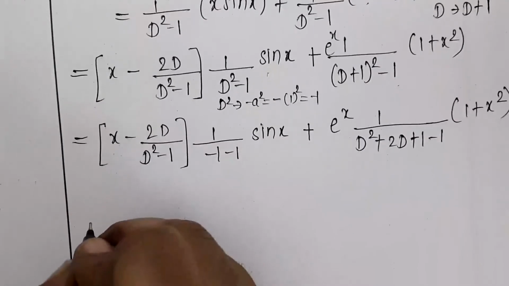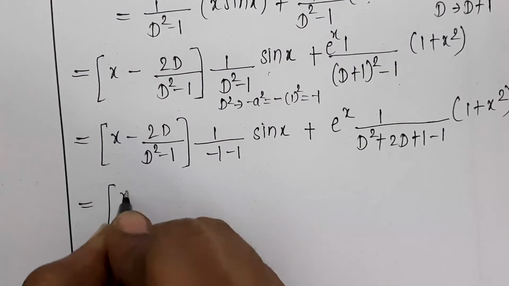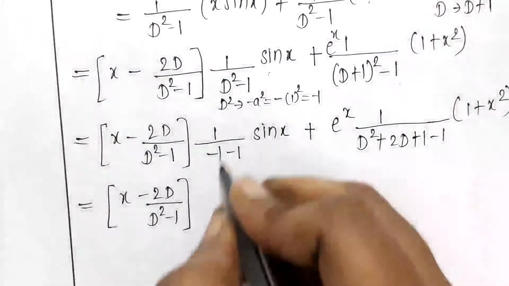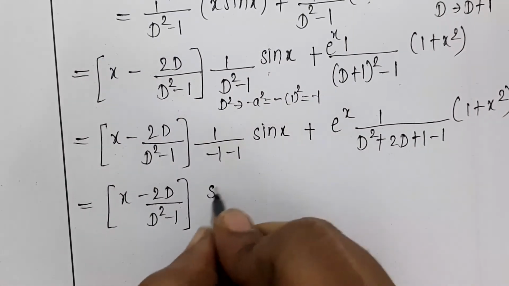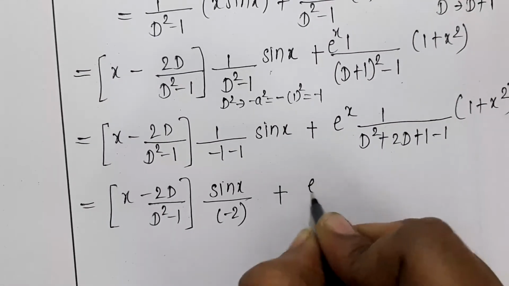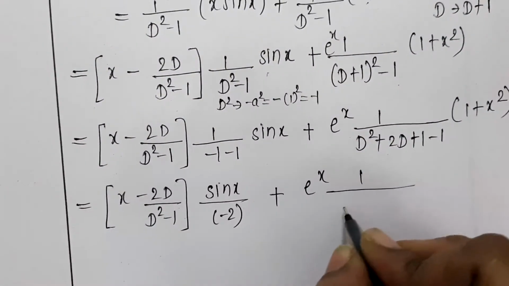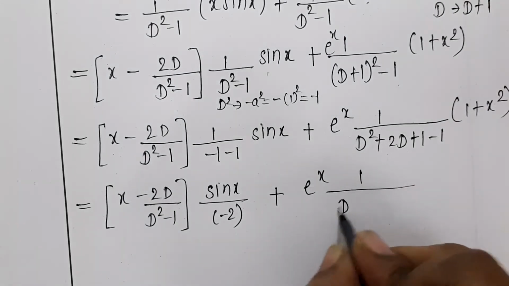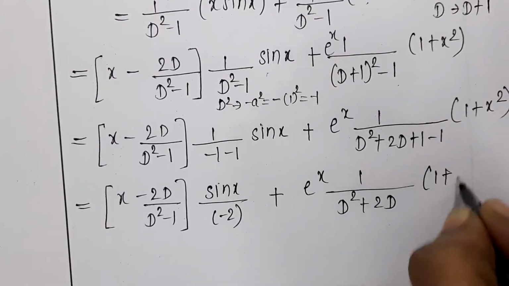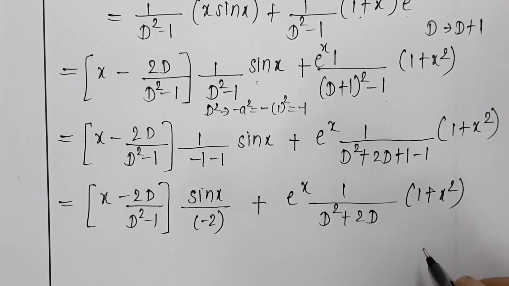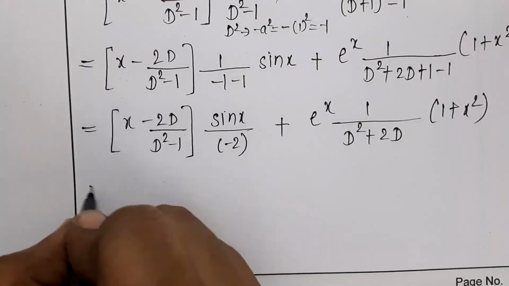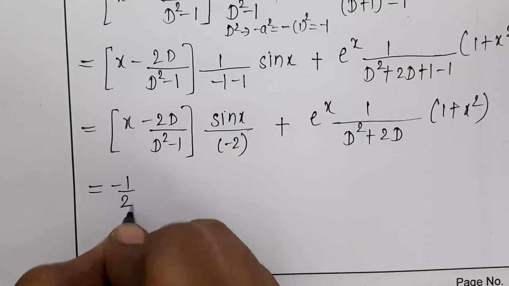Now this is equal to x minus 2d divided by d square minus 1 as it is. 1 upon minus 1 is minus 1, so sin x divided by minus 1, plus e to the power x as it is, 1 upon d square plus 2d; minus 1 plus 1 get cancelled, remaining is 1 plus x square. So this is equal to minus of 1 by 2 outside.